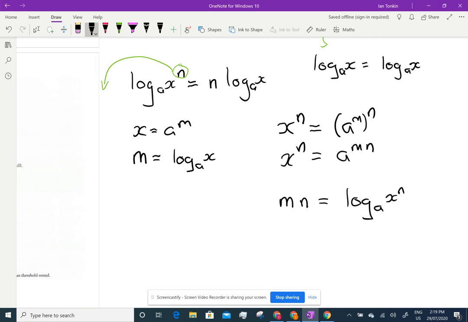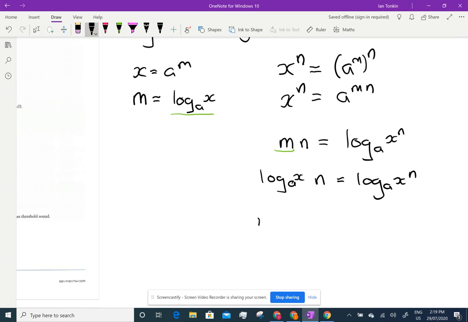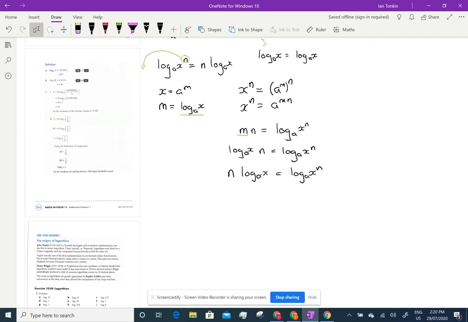So I can say that log, because over here that's what m is, so I'll put that in for m, and I get log ax, and I've got an n. And just to make it nice and neat, I'm going to pull that n out the front, and I'm going to get n log base ax equals log ax to the n, which is the one that we need. So I'm going to hold the video there, and I'm going to make another video of the questions, but I just wanted to go through those proofs.